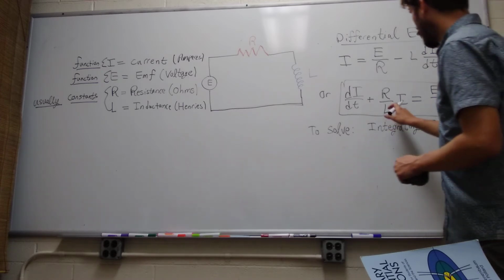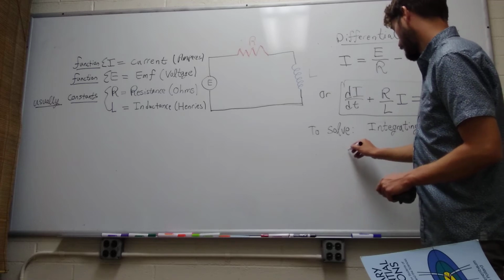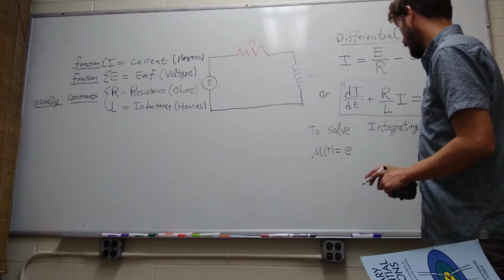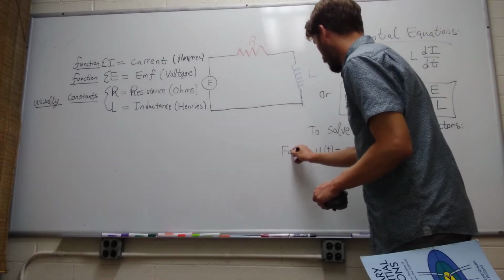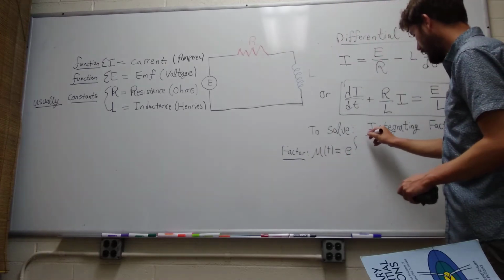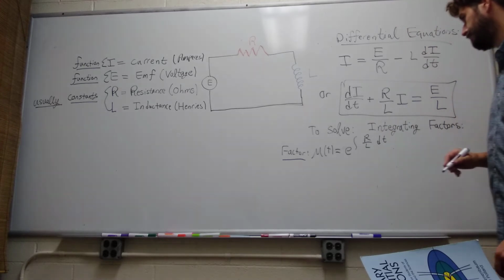To solve the equation, how do we use integrating factors? Well, we can just say, all right, the integrating factor, sometimes it's called mu of t, is going to be e to the antiderivative of R over L dt.